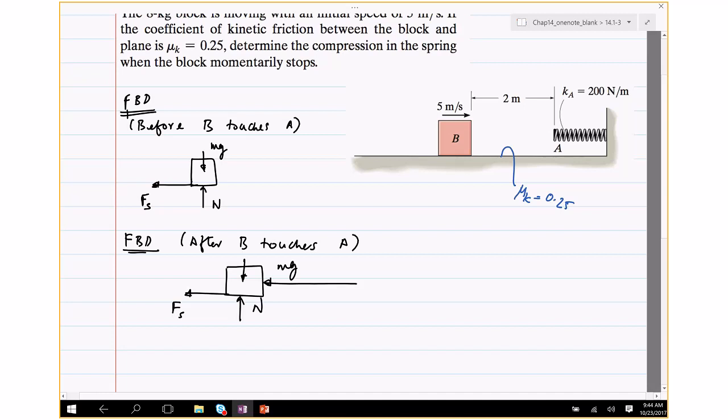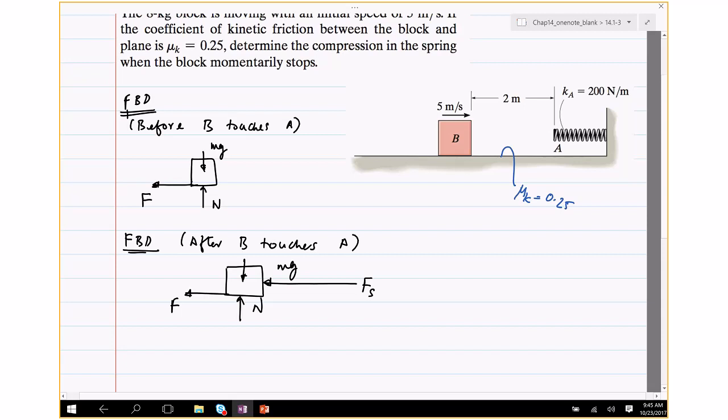Let me call the friction force F, because I'm going to reserve Fs for the spring force. So Fs is the spring force. Why is it to the left? Well, when the spring gets compressed, there's a tendency of the spring to spring back to its original length. The only way the spring can do that is if the force is applied to the left, and that's where the spring force Fs is to the left.